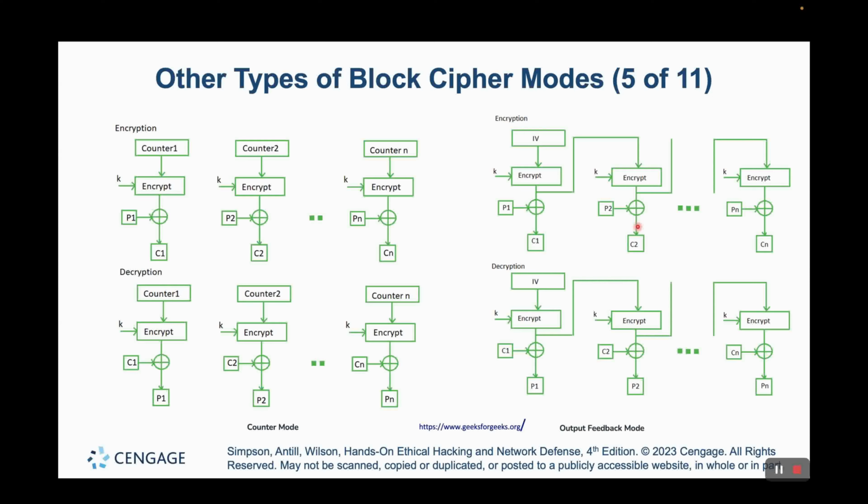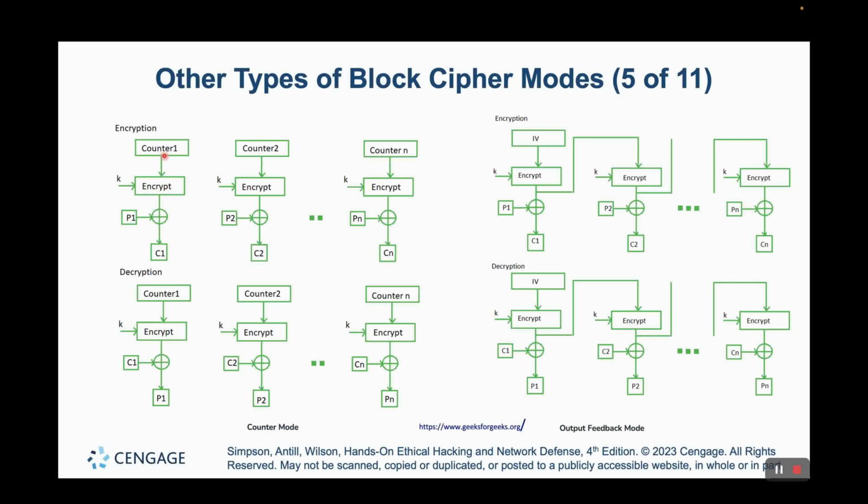Now, there are many types. For example, let's look at the counter mode. And there's also another mode called output feedback mode. Now, in the counter mode, this mode is considered one of the most secure block cipher modes. There is a counter here, which is incremented for each block.